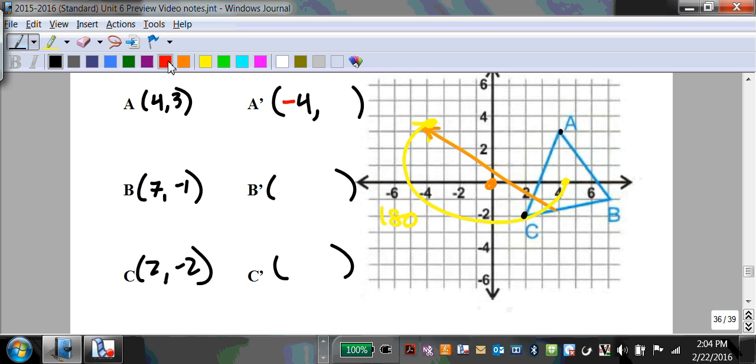That's going to be -4, -3. This is -7, and of course that negative becomes a +1. This is -2, and that negative becomes a +2. Go ahead and plot those.